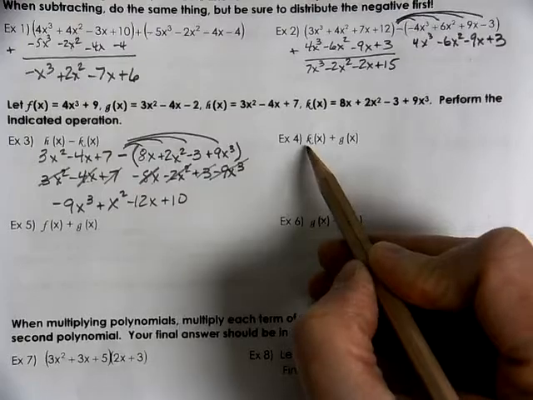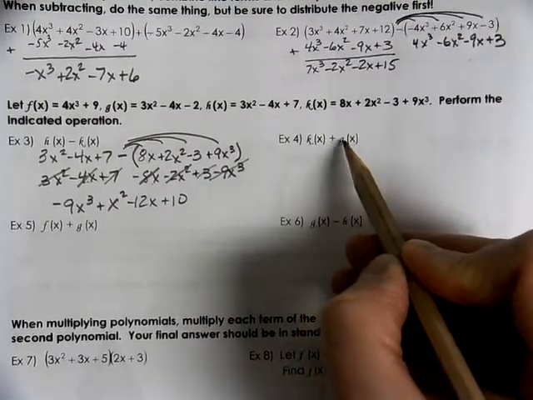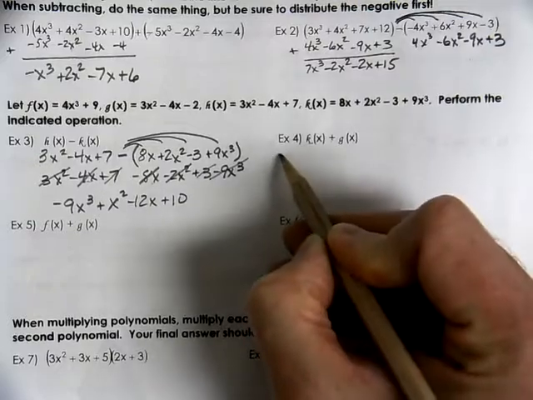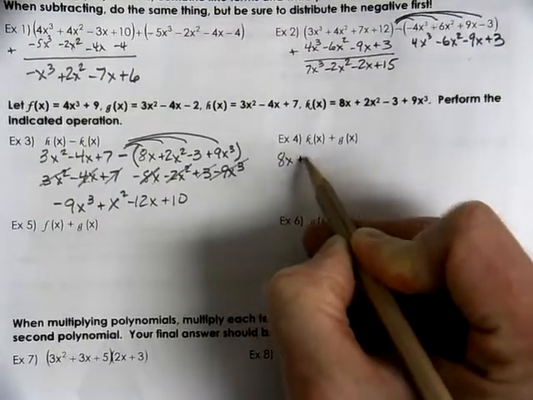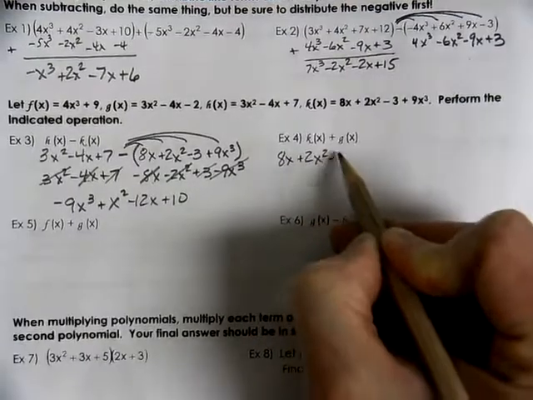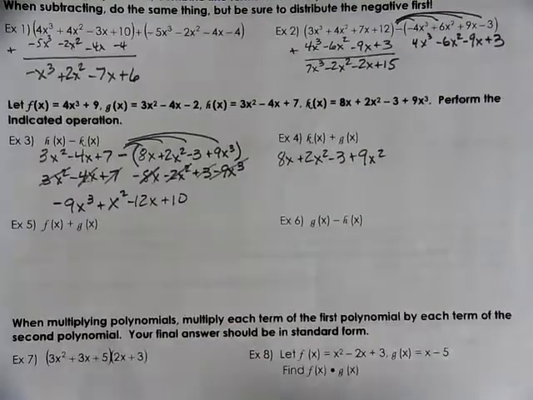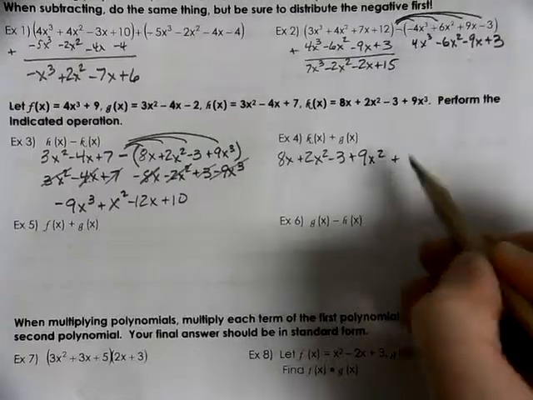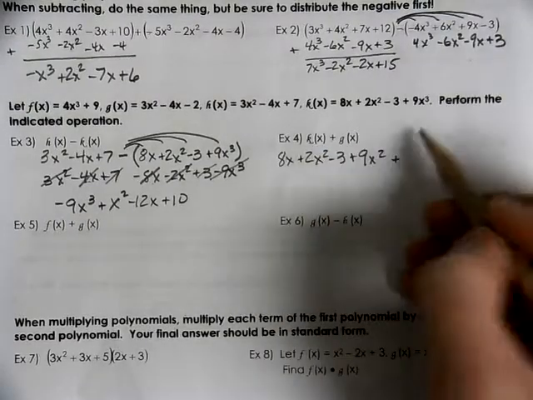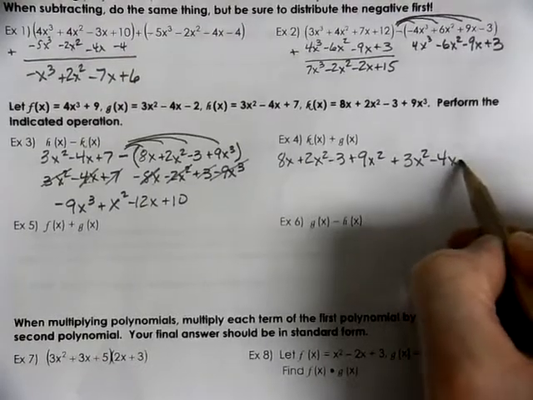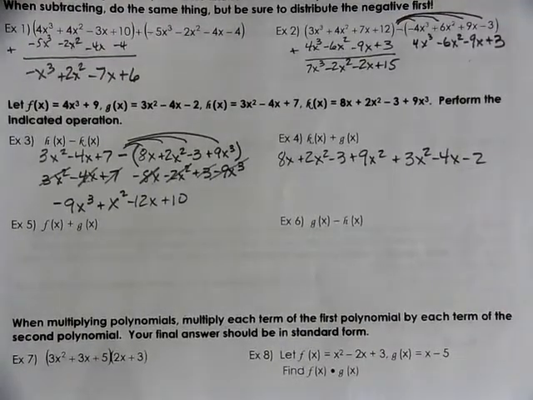So for our next one over here, we have k of x plus g of x. So your k function is 8x plus 2x squared minus 3 plus 9x squared. And we're going to add the g function, 3x squared minus 4x minus 2.